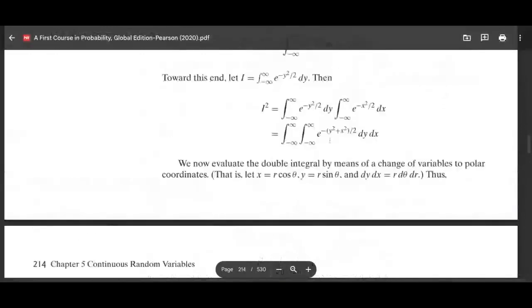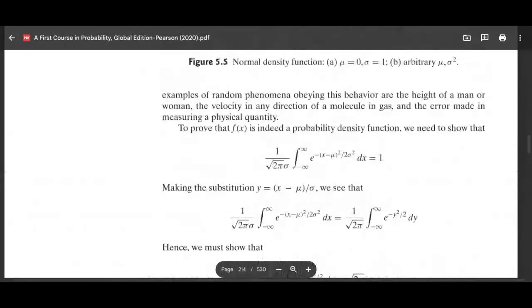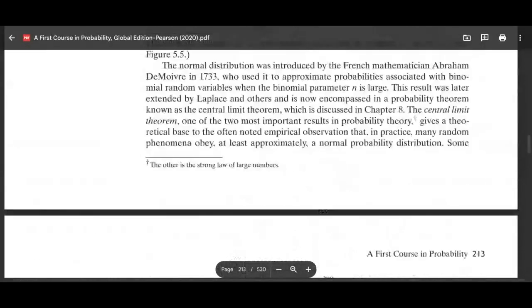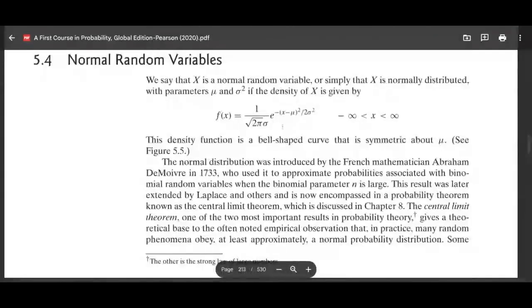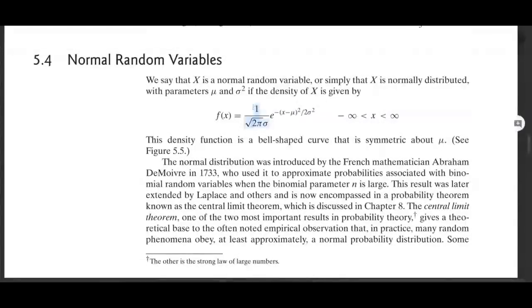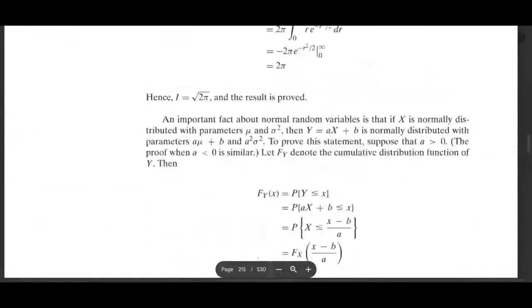Let's go back. It's defined this way, right? f of x equals 1 over square root of 2 pi sigma, e to the negative (x minus mu) squared divided by 2 sigma squared. That's how this density function is defined.